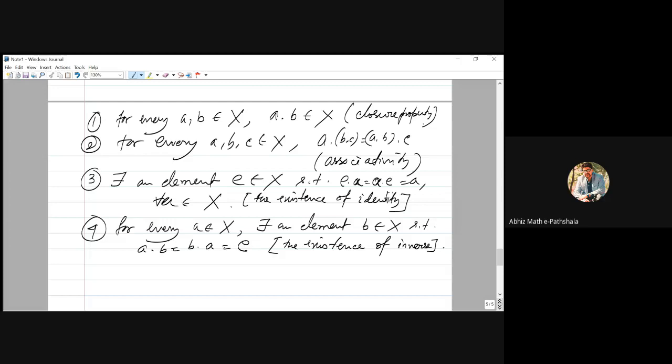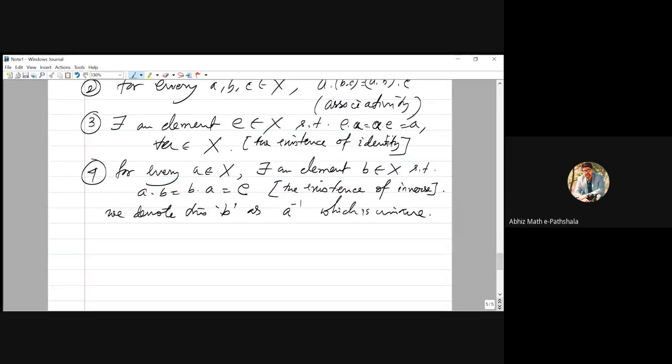Okay. And we denote this b as a inverse, which is unique, right? So in this way, you can define a group like that. Okay.